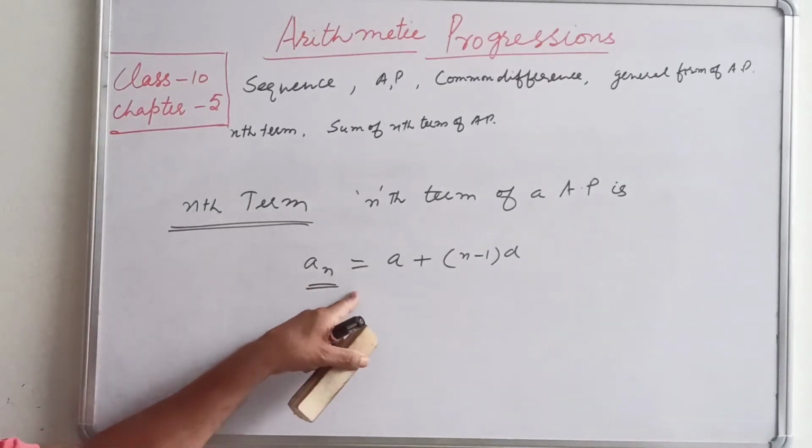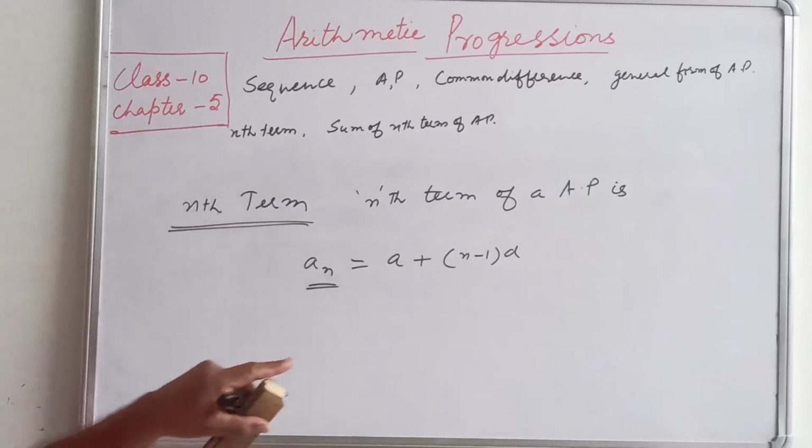So this is the formula for the nth term of an AP.